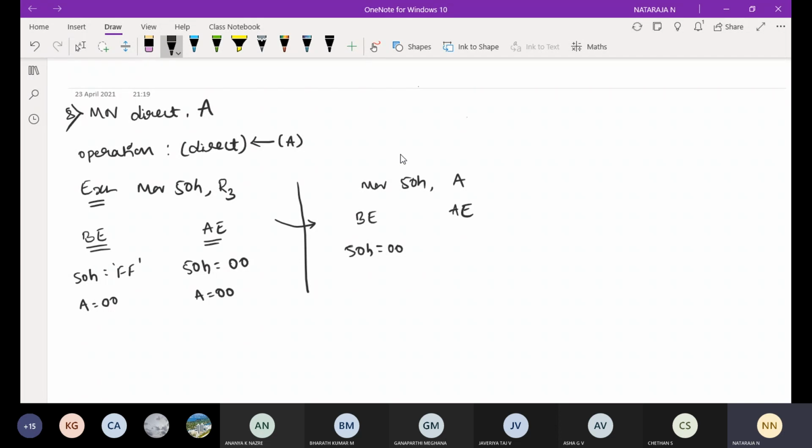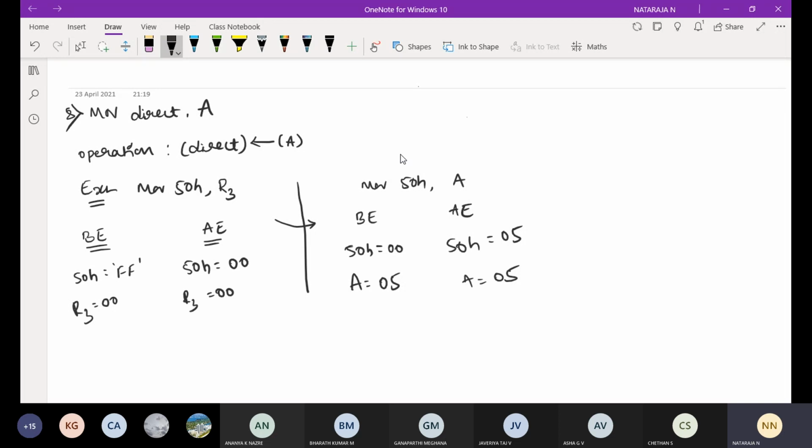Sorry, here I need to take R3. Before execution of this instruction, in R3 we have the data 05. After execution, 50h is equal to 05, and the accumulator is equal to 05.